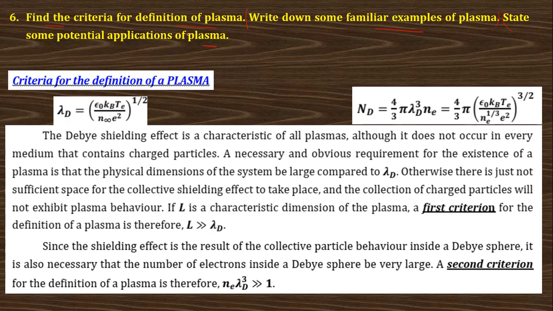Okay. The first one says the criteria for the definition of a plasma. When the plasma is formed, the first one is Debye shielding. Debye shielding means that within this region, the plasma is totally neutral, but within it is a charged gas.